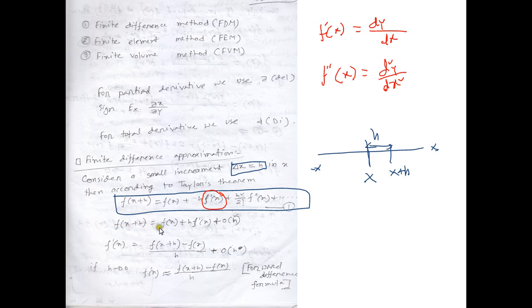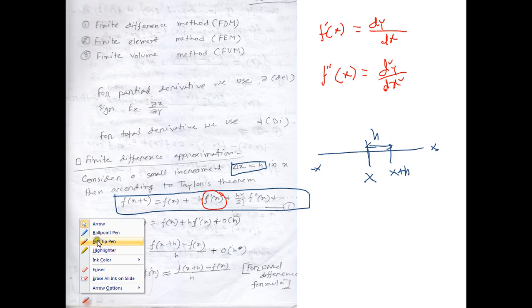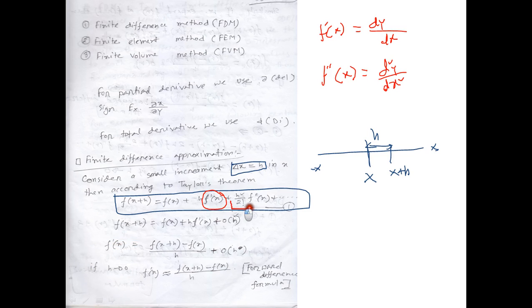Okay, so if we bring this out, we can also say this is the truncation error. If we avoid these terms, because these terms are very negligible sometimes, that's why it is called truncation error. So we have three terms: f of x plus h, f of x, and h into the first derivative of the function, right?